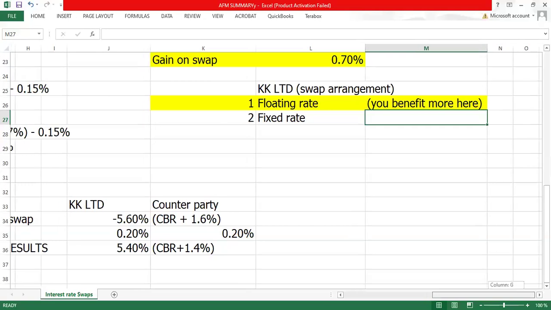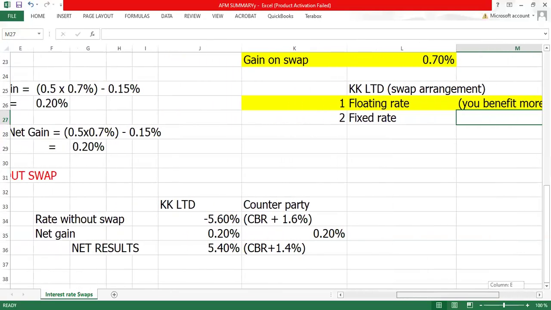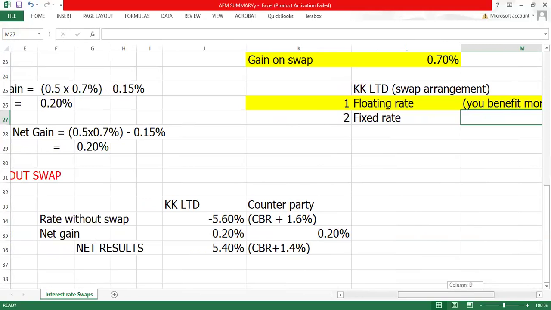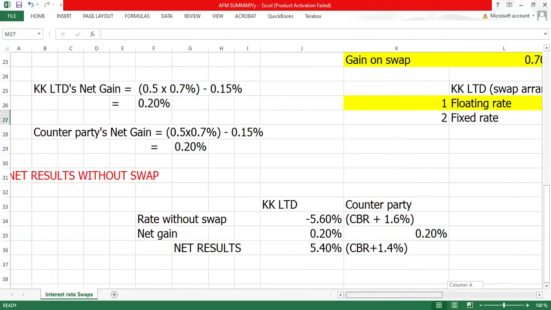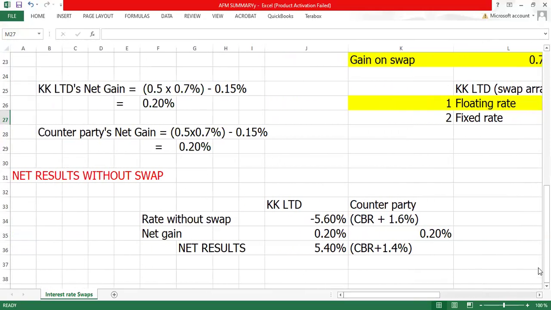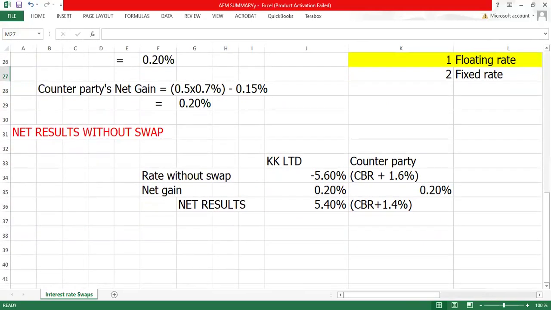After knowing that, just do the opposite. Start with the other rate as you deal with the results without a swap. Now, we are done with step number three.